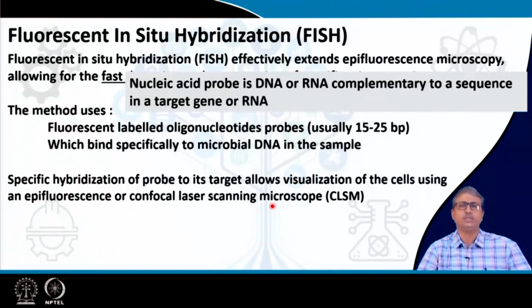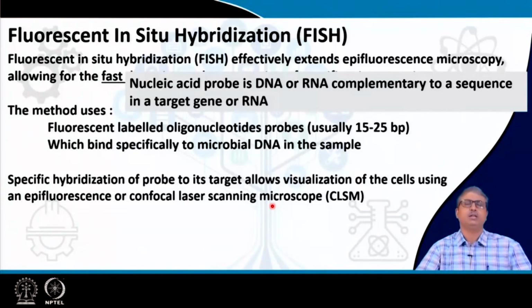So, you can see which cells have the target molecule, so that the probe has bound to them, and if the probe has bound to the target molecules, that confirms that this particular organism or this particular functional gene is there.